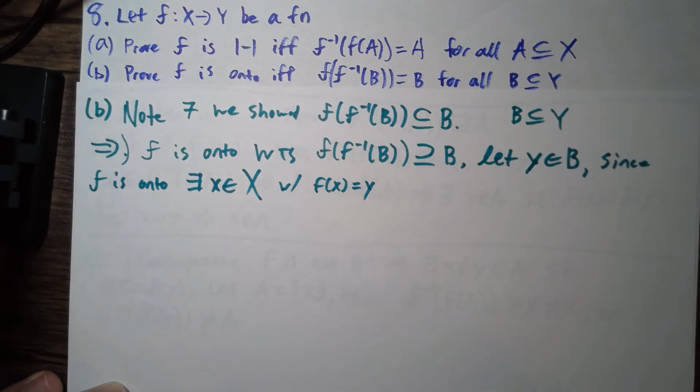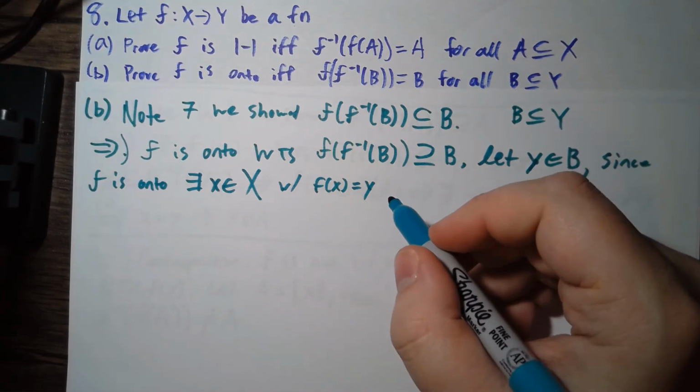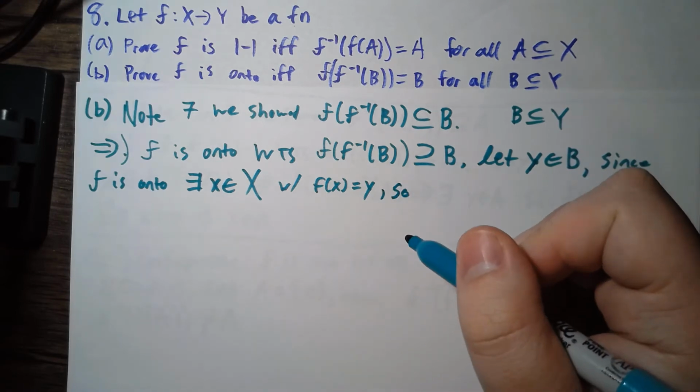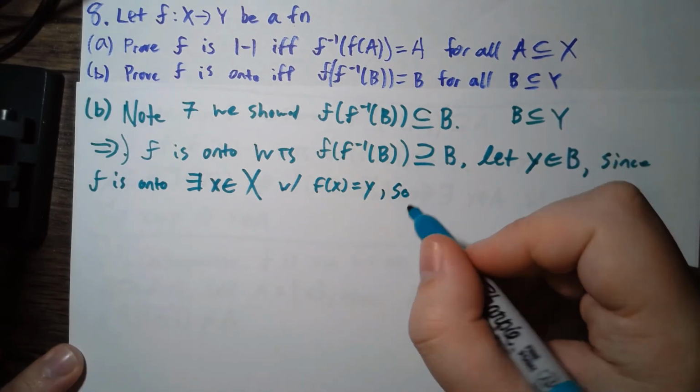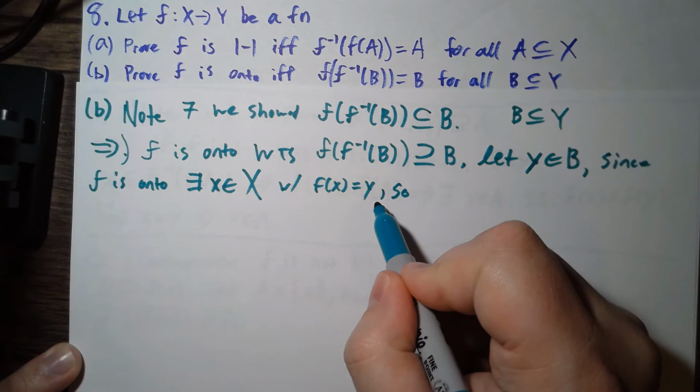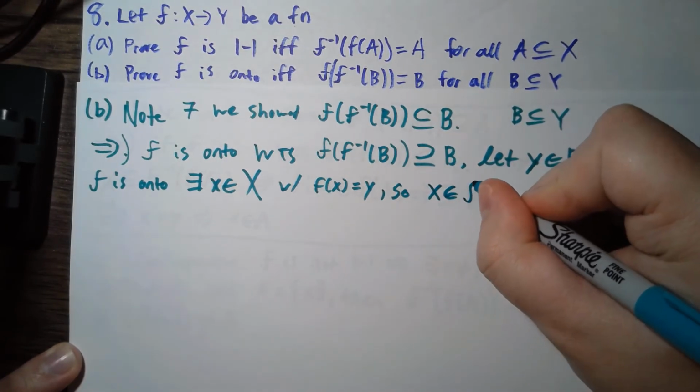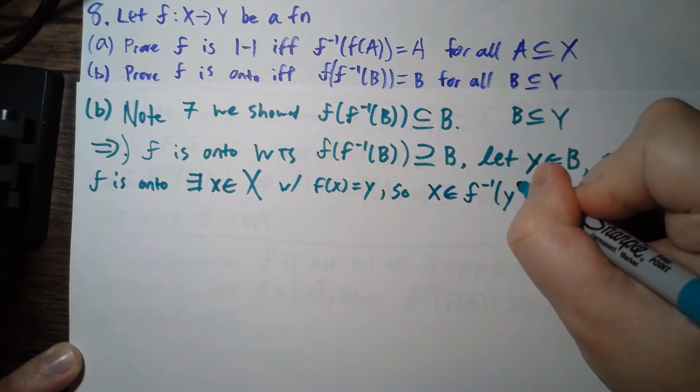So if we look at this, since f of x is equal to y, we have that x is an element of the preimage of y.